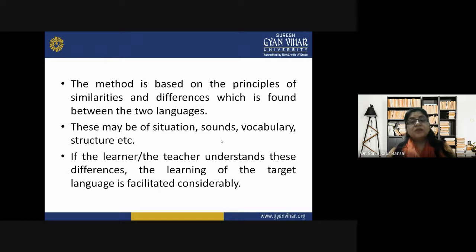It may be sounds, vocabulary, or sentence structures, and many pronunciation or many action verbs. These are a few things that the students understand when they are using the bilingual method. Bilingual means using two languages when understanding any concept.